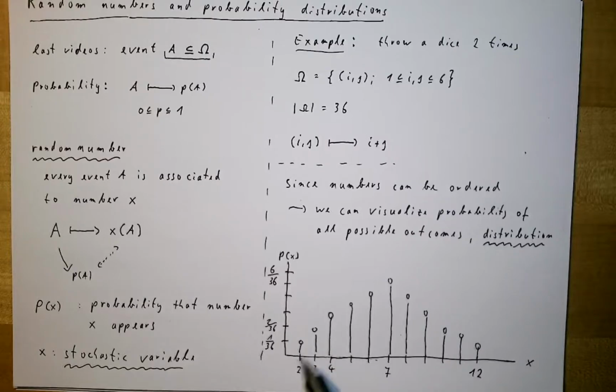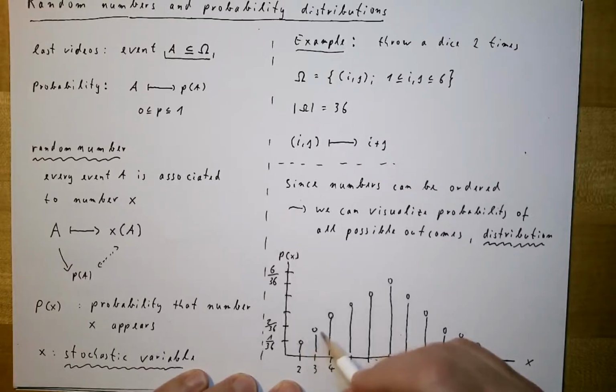And so this is now the distribution. The distribution is nothing else than a graph of the probability of every random number. And so with one glance we can see the whole structure of all possible outcomes.